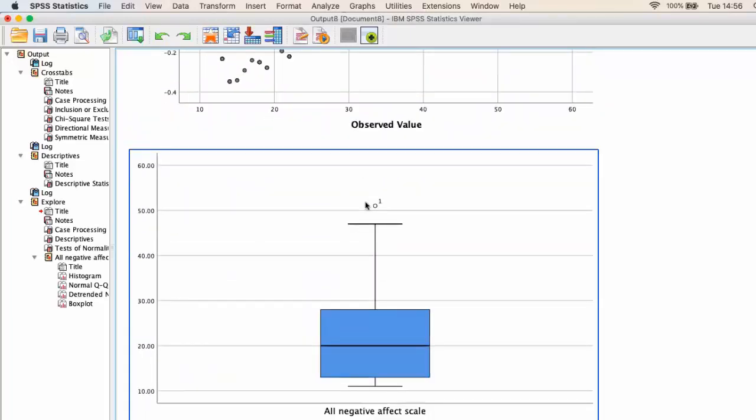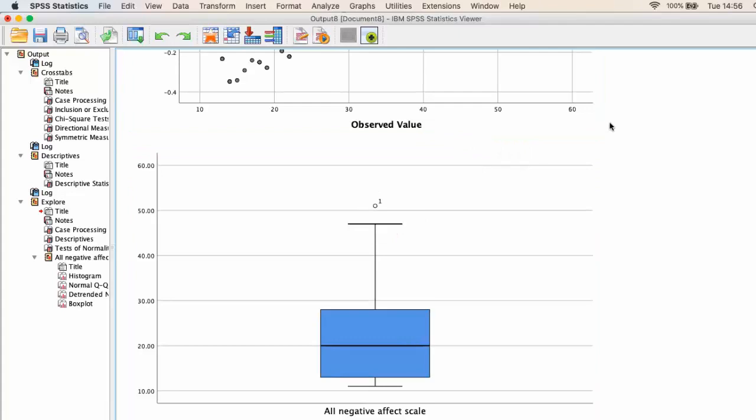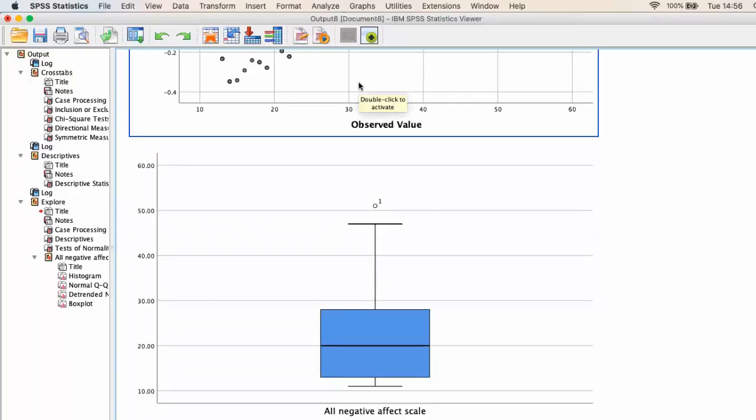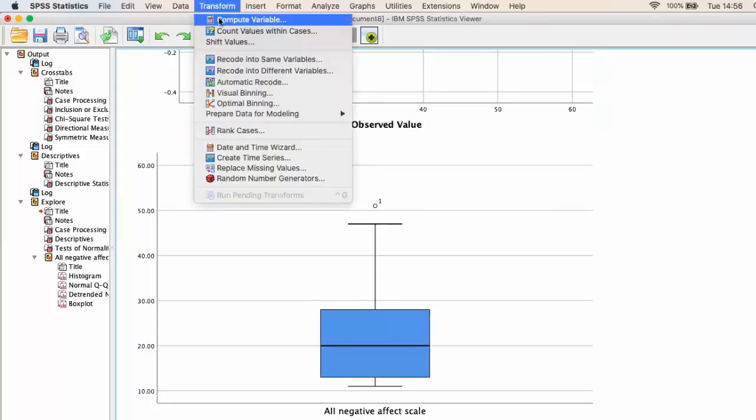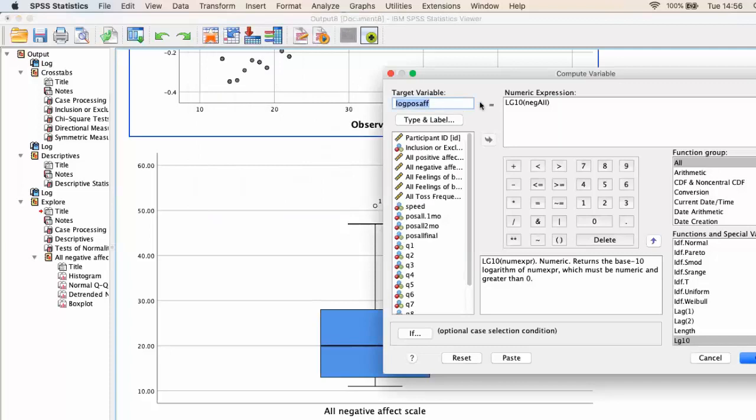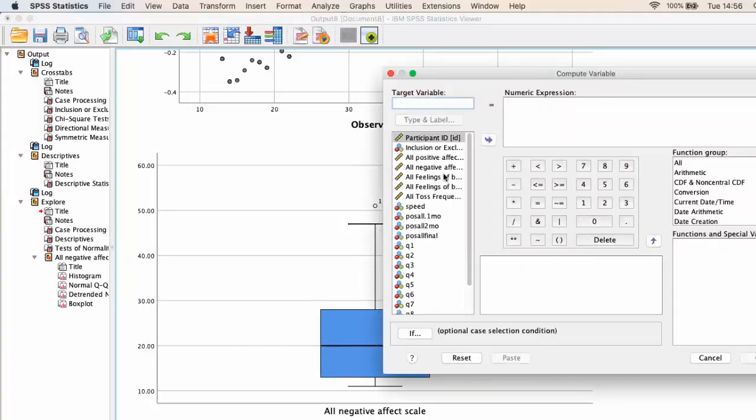Let's say they told you to transform it, like in the example. I don't know if you'll have to get that specific on the test, but it looks like in this example question you do, so let's go ahead and do that. You go to Transform, Compute Variable, and I'll hit reset. Let's say we wanted to transform all negative affect to make it better. You go to whatever equation you want.